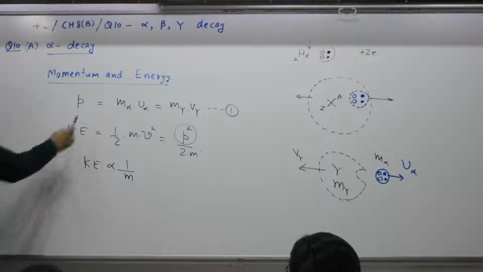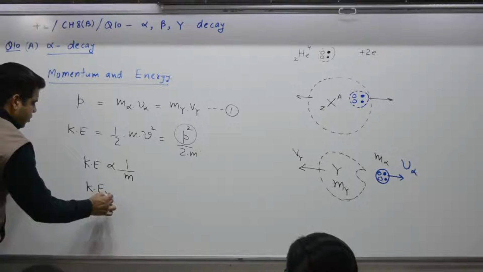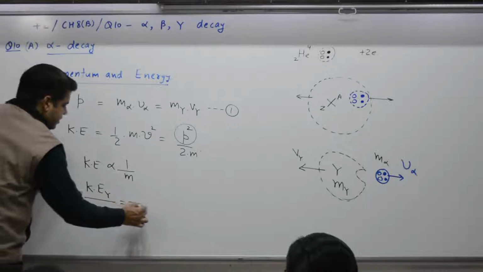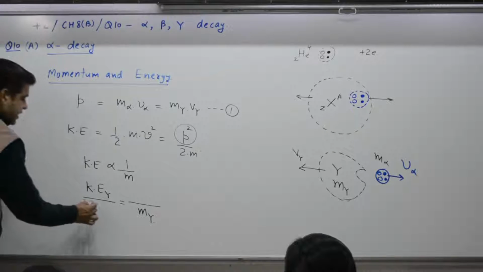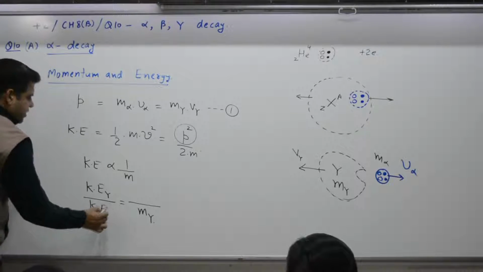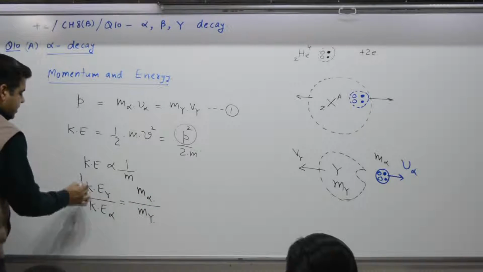If you want the ratio of the two, then kinetic energy of daughter nucleus Y goes with the mass of the daughter nucleus Y, and kinetic energy of the alpha particle goes with the mass of the alpha particle.